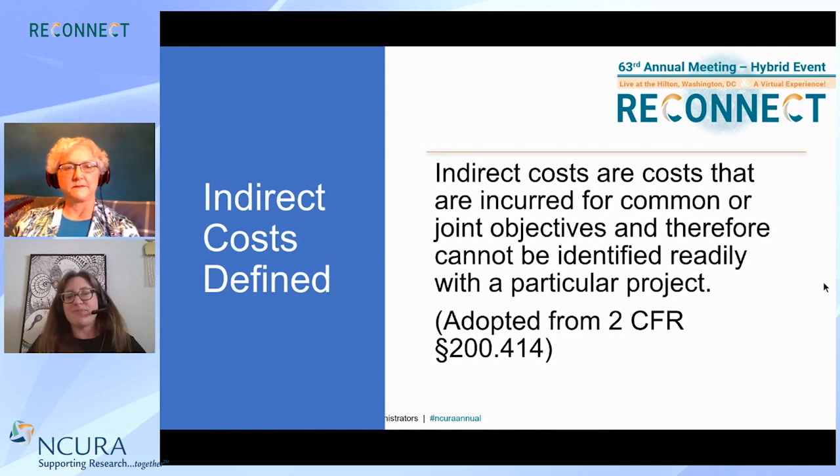Okay, ones that come readily to mind for me are sponsored programs administrative staff, such as myself. We are covered by indirect costs in our office. There might be department administrative staff or your chair or dean time that could be covered by administrative costs. There could be building, utility and maintenance fees.